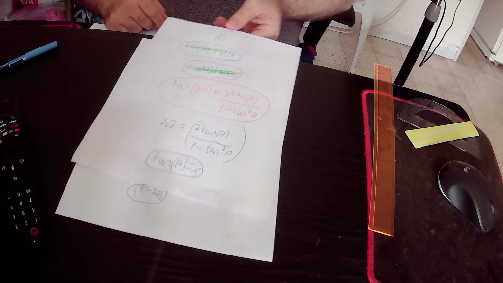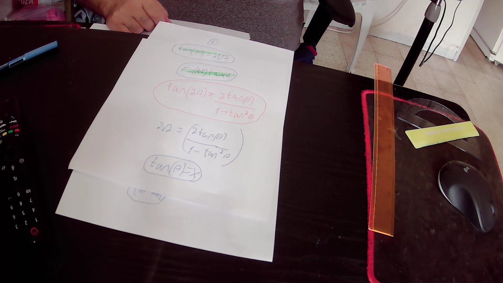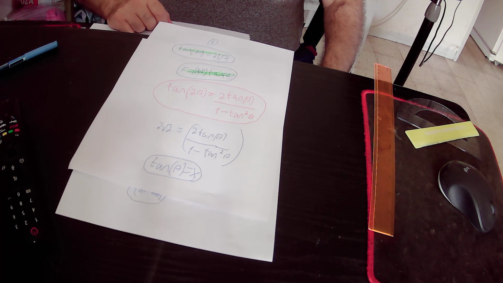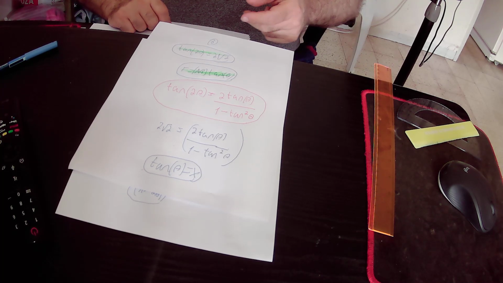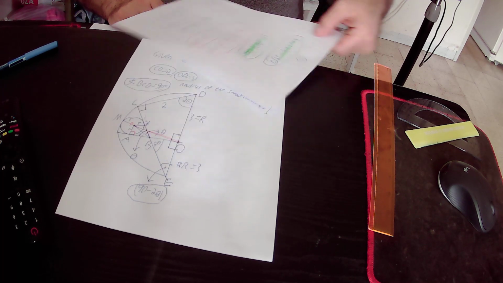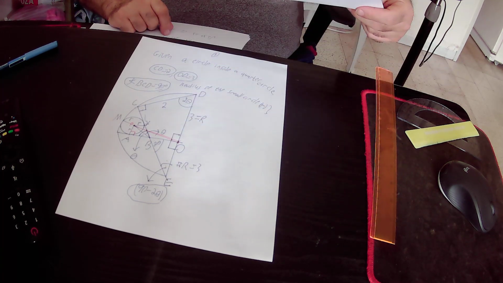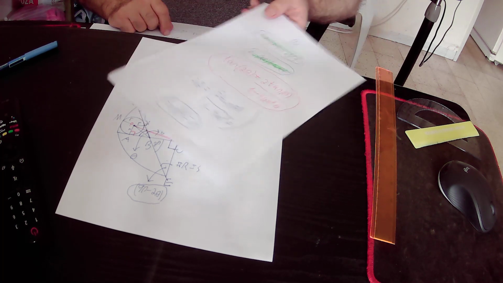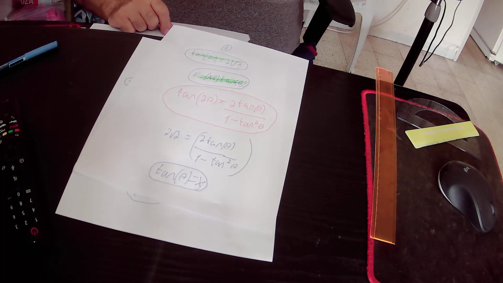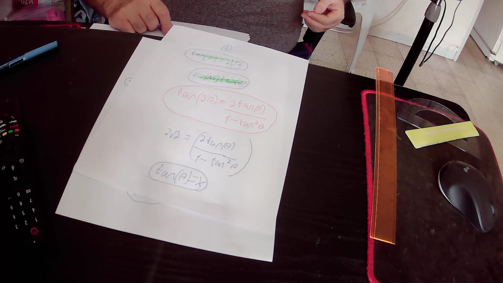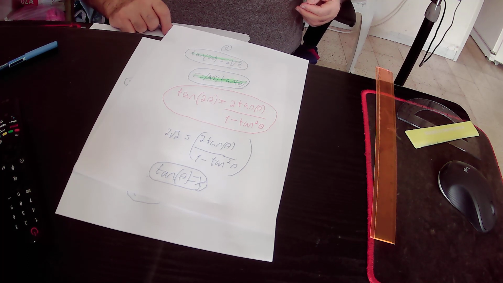So tangent 2 theta, according to this trigonometric identity, equals 2 times tangent theta over 1 minus tangent squared theta. We used this trigonometric identity in order to find out the value of tangent theta.